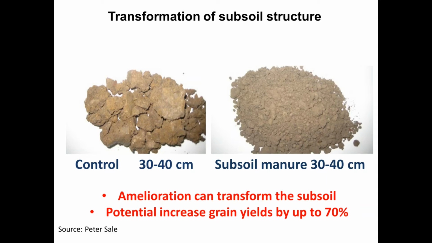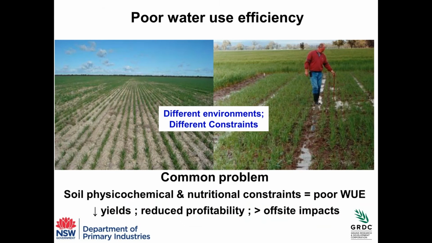The other thing is that it's a very expensive task. To make sure this great investment is going to pay back, we need to be sure that if we add so much amendment in the subsoil, it is going to give us that response.